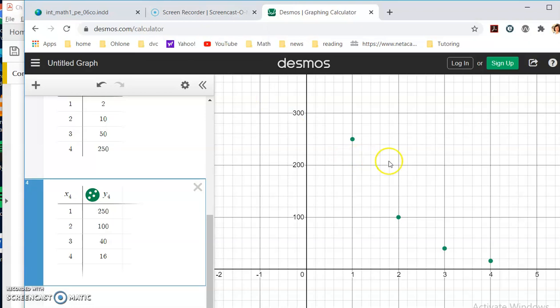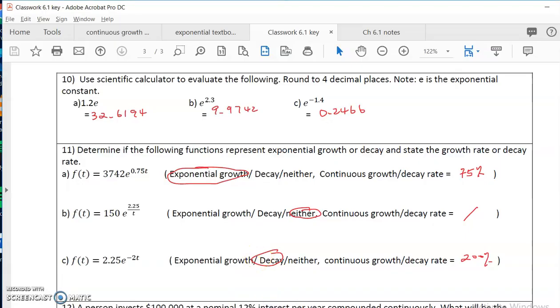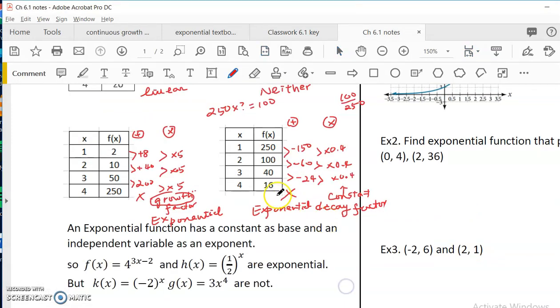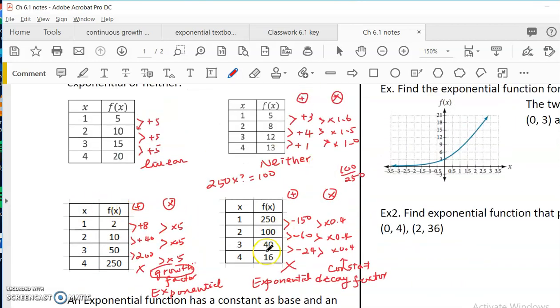So they have special graphs. The graphs you will see are actually just two types. So let's go back to the last two. If I graph it on Desmos, for growth it looks something like that. And the other one is the decay.